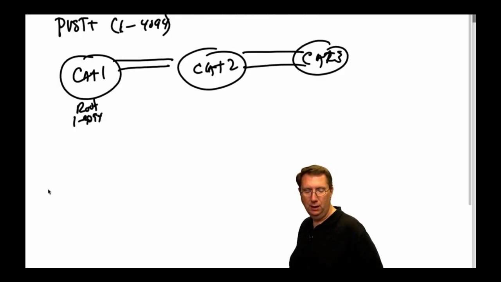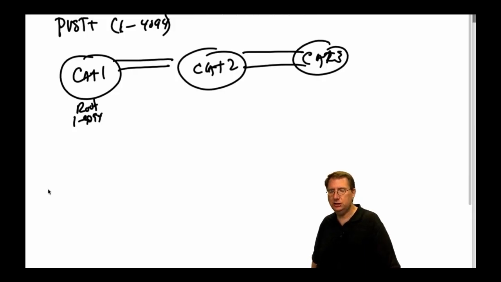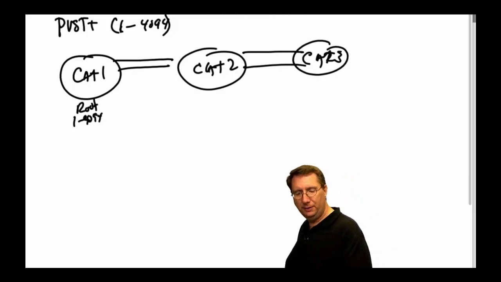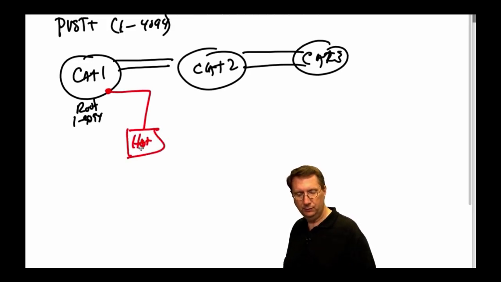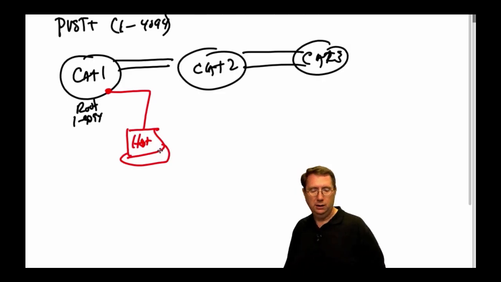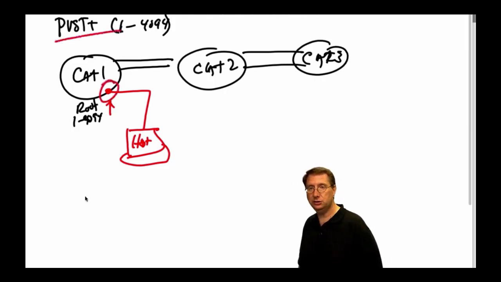Now, when we go in and start looking at the optimizations here, here's the issue. The moment I say, well, I'm going to connect a port to a host, which is just a computer, the problem is that PVST by default thinks that every one of these ports is going to be participating with another switch.